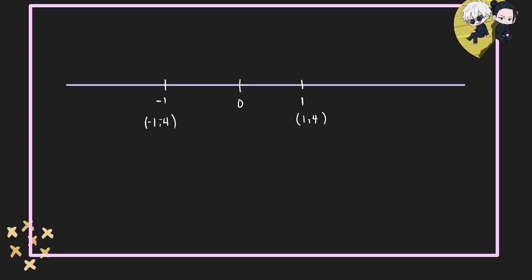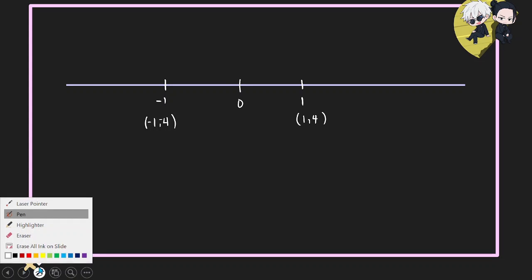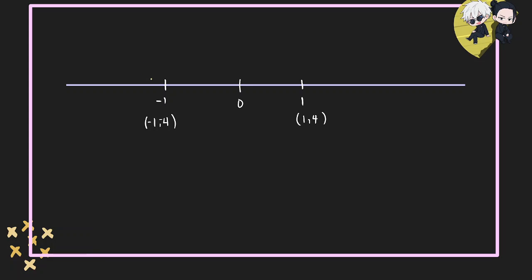So, paano natin yan matetest? We are going to determine whether this point is a local maxima or minima. So, titingnan natin kung yung mga points na yun is a local maxima or minima. So, what we are going to do is we need to substitute from the left of negative 1.